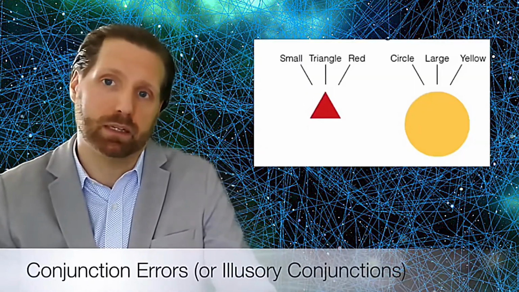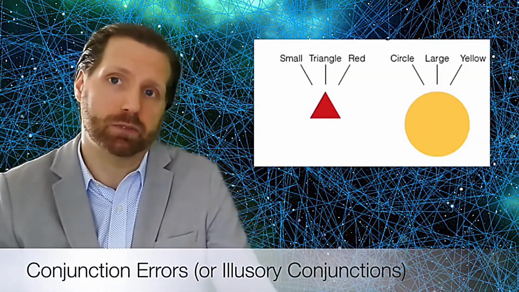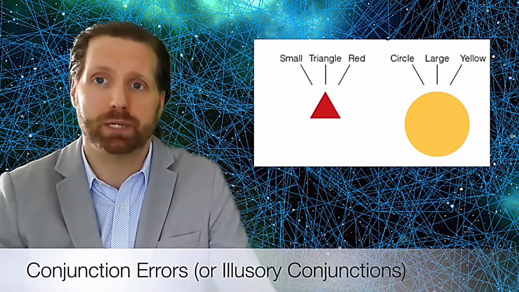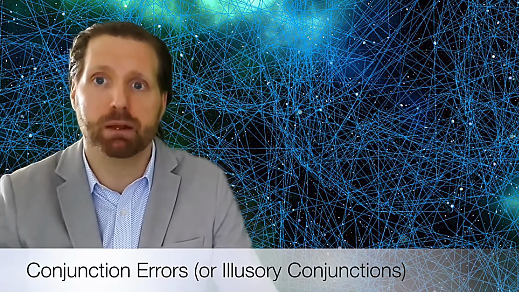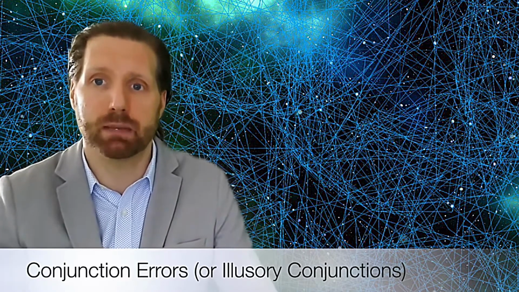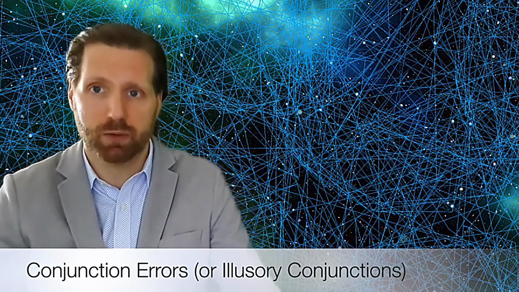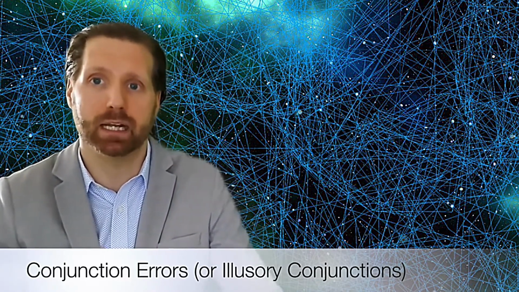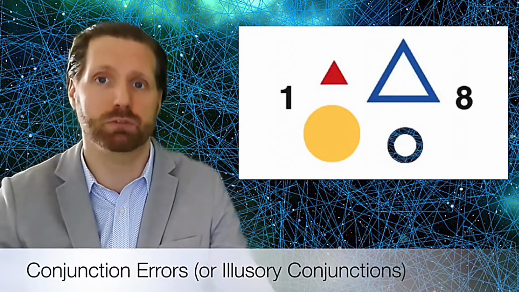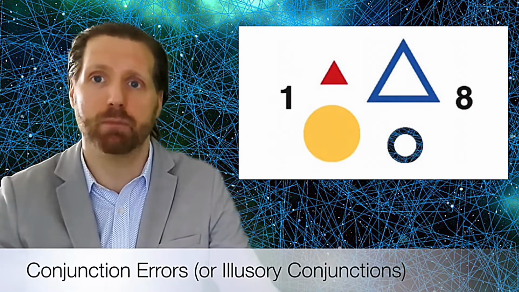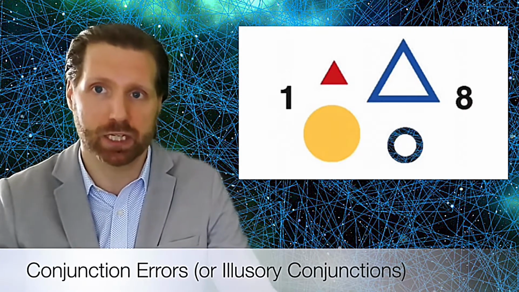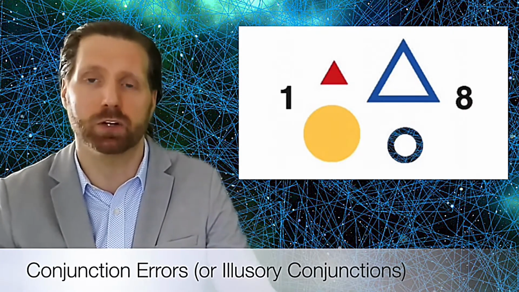One exception are known as conjunction errors. When perceiving two separate objects, we ordinarily don't mix up their colors, but under specific experimental conditions, this has been demonstrated to happen. Such a study would have the participants focus on an object at the center of the screen while engaging in some task, perhaps focusing on how many times that object flashes or to identify when its color changes.